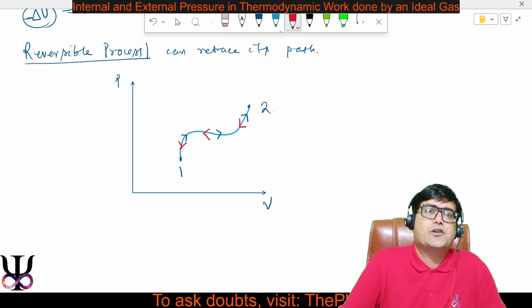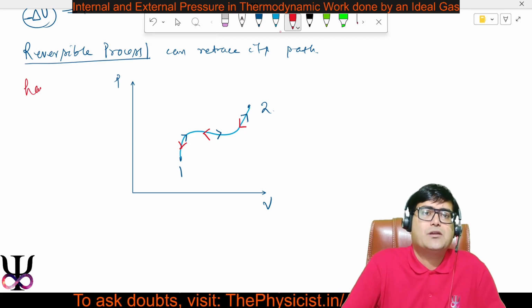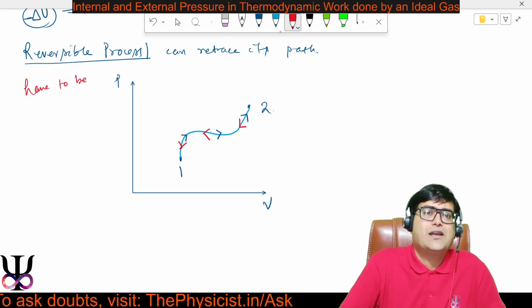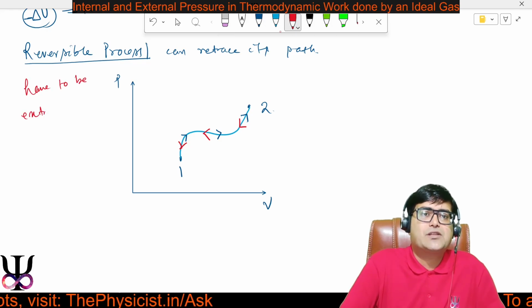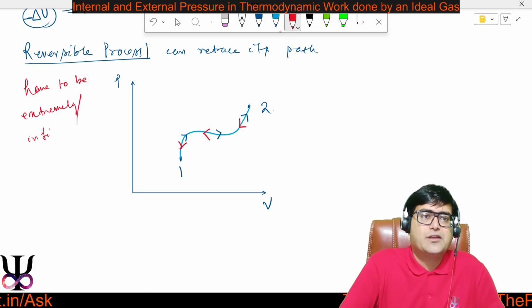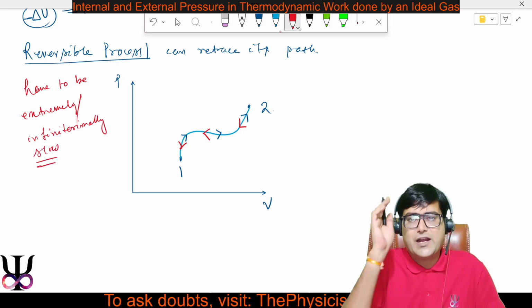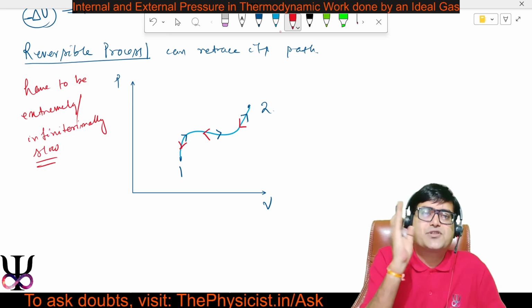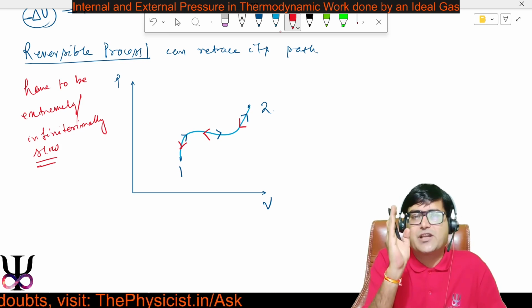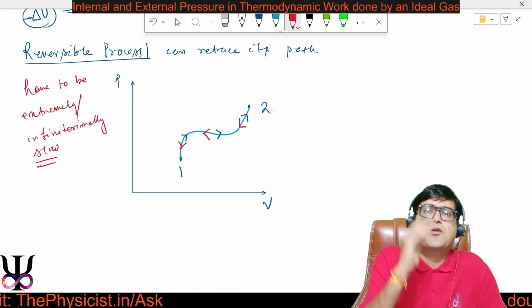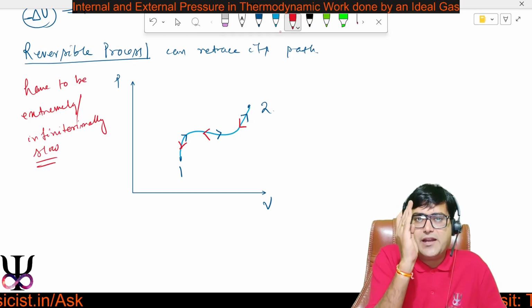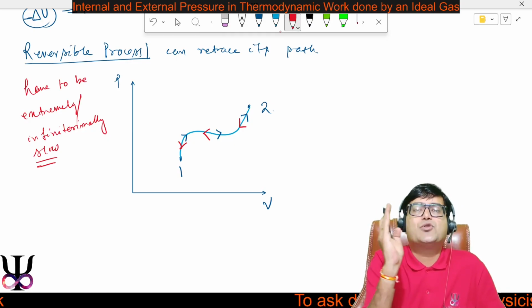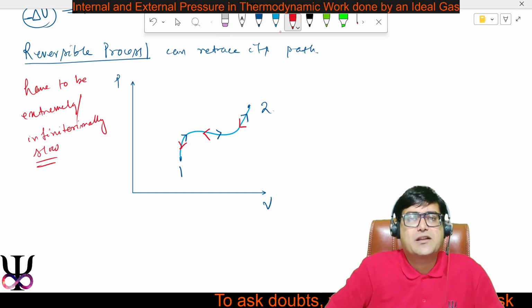So reversible processes have to be extremely, or I can say infinitesimally, slow, so that in each elemental substep while going from 1 to 2, I ensure that the distribution stays uniform inside the gas.